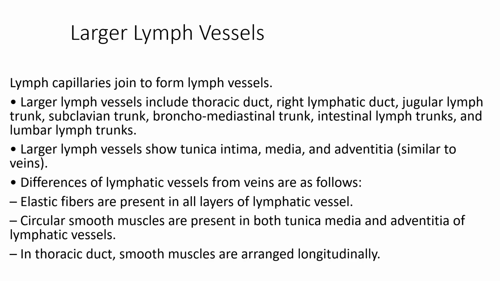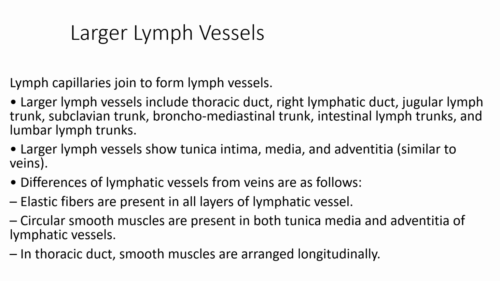Small lymph capillaries will unite to form large lymph vessels, and these lymph vessels will unite and form the lymphatic ducts. On the right side we have the right lymphatic duct and on the left side we have the thoracic duct. If we see histologically, the large lymph vessels are similar to veins. They also have the three coverings of tunica intima, media and adventitia.